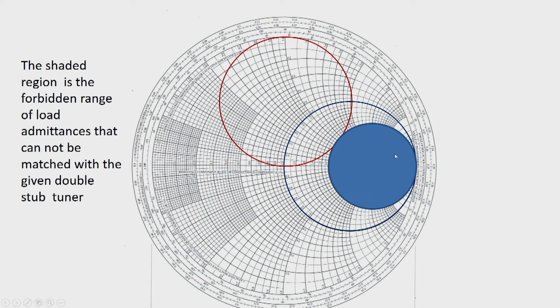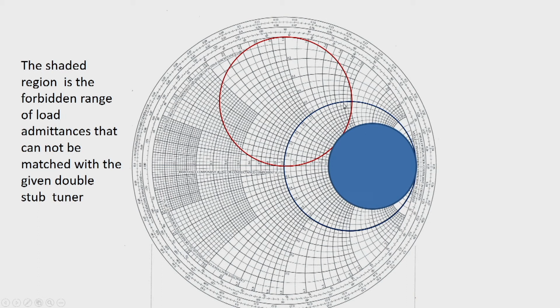Please note that this region for which solution is not possible, the forbidden region, changes depending upon the orientation of this rotated circle.